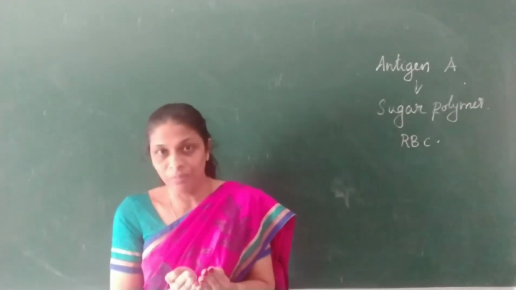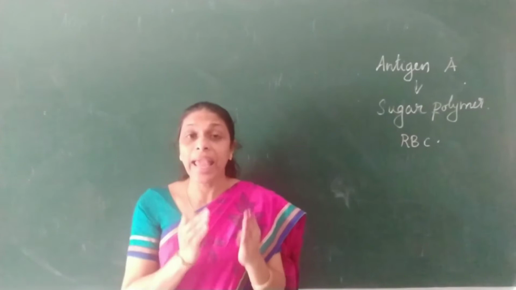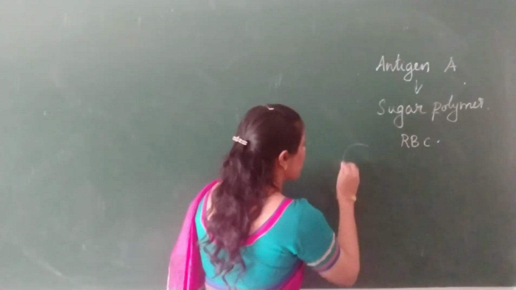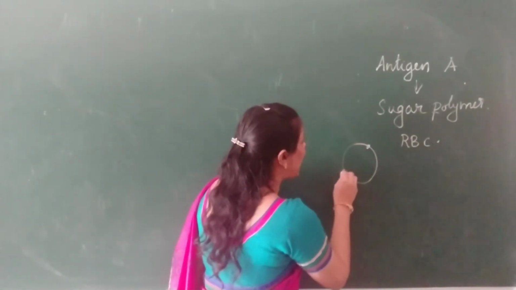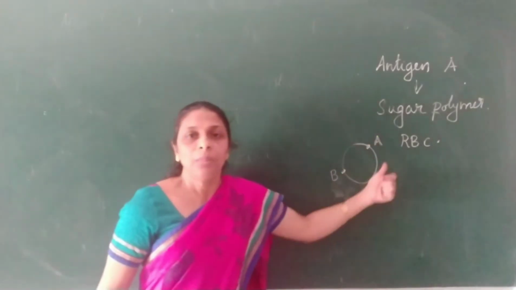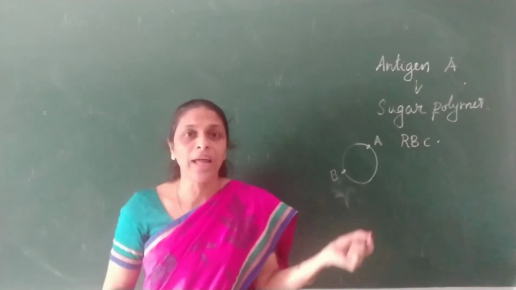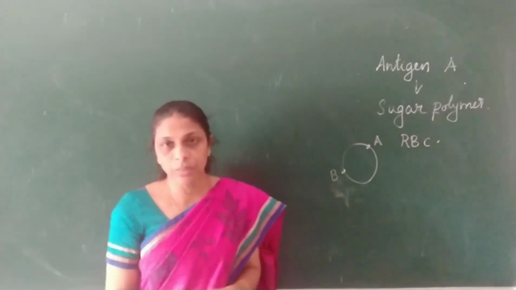Okay, now in the case of AB blood group, both IA and IB will be found together, and hence those persons who have AB blood group, suppose this is an RBC membrane, they will be having both antigen A as well as antigen B on the plasma membrane of RBC. So an individual with A blood group has only antigen A on the RBC membrane.